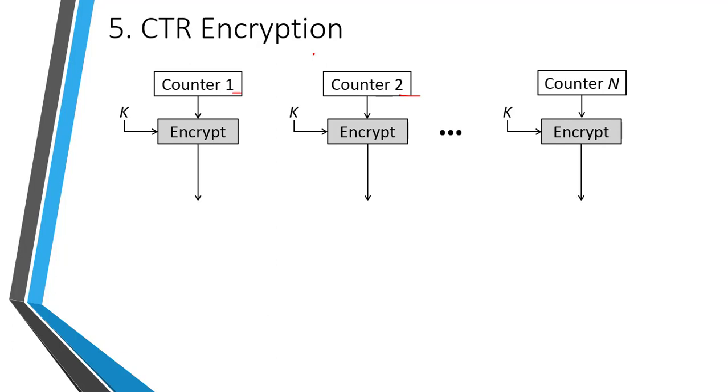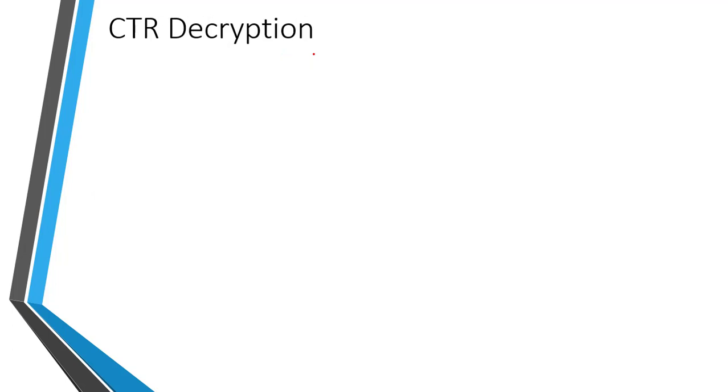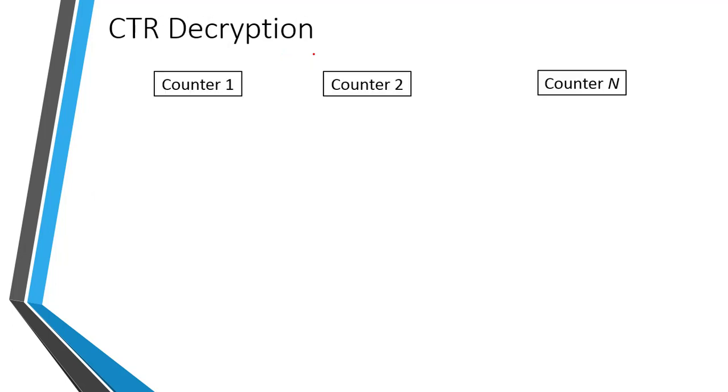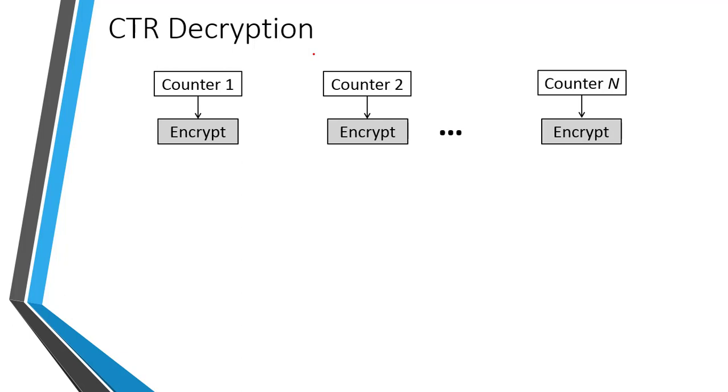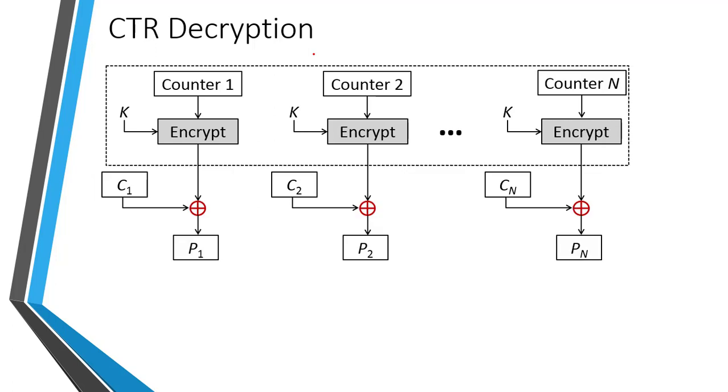The counter is encrypted and then XORed with the plaintext block to produce the ciphertext block. There is no chaining here. The same sequence of counter values is used in decryption also, and each encrypted counter is XORed with the ciphertext block to recover the corresponding plaintext block.